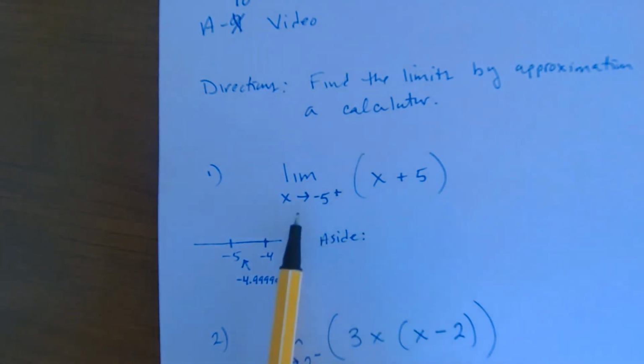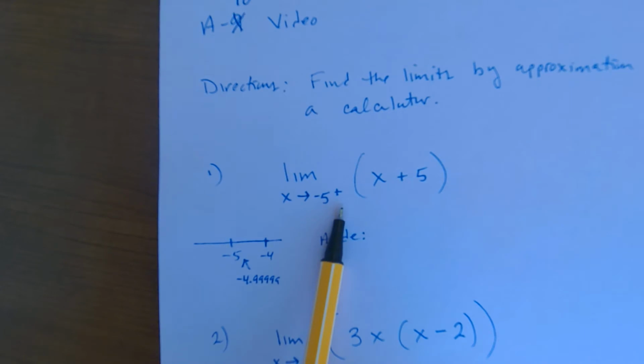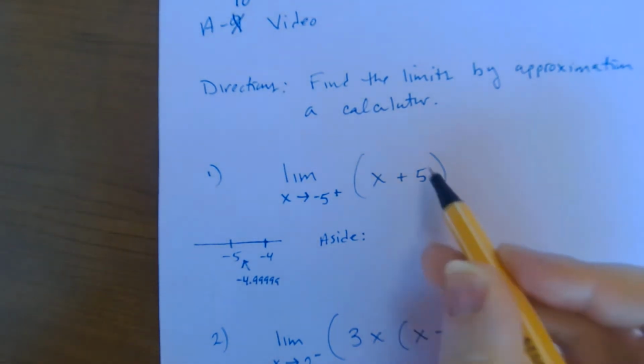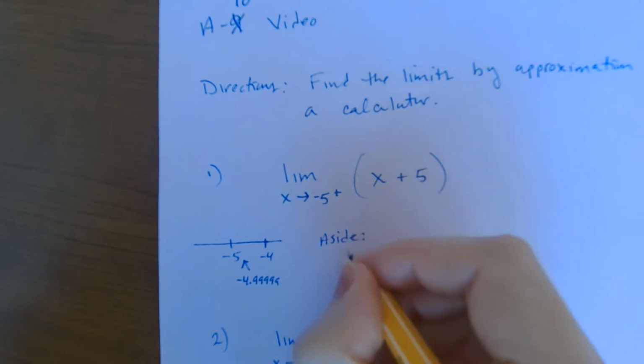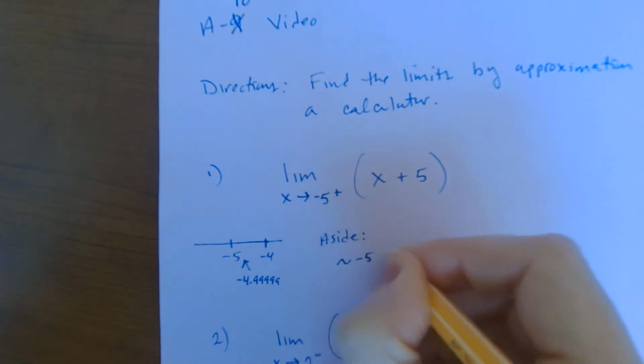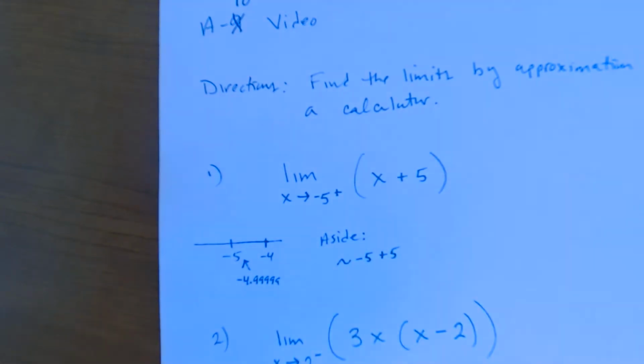As x is approaching -5 from the right, my little aside is going to be like this. What I'm dealing with is really about -5 plus 5.